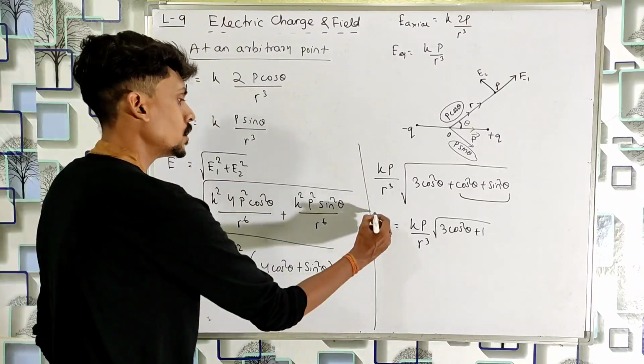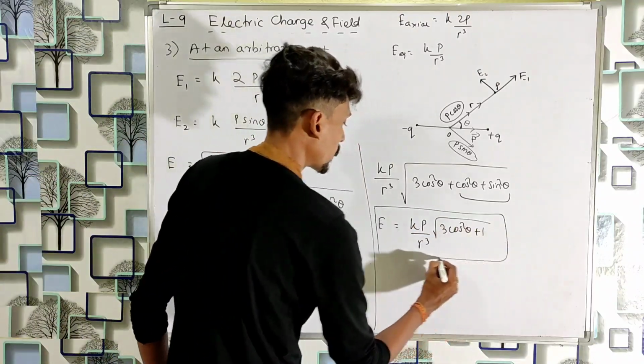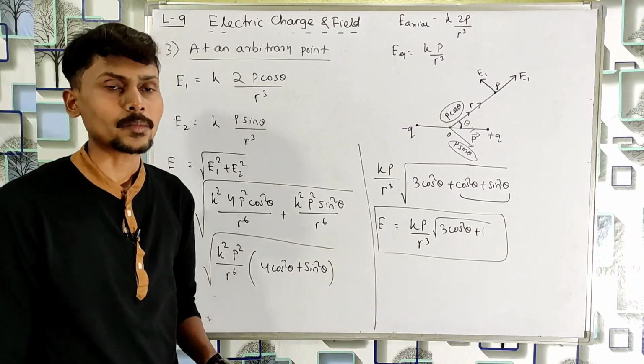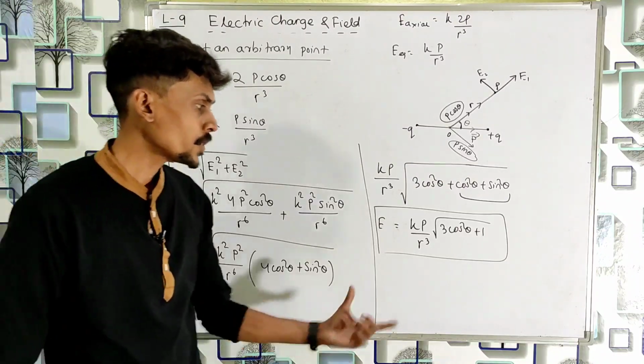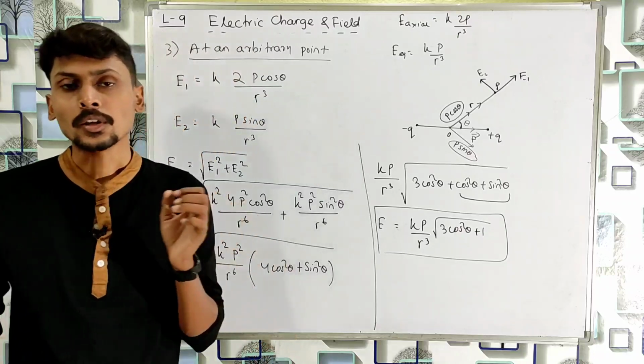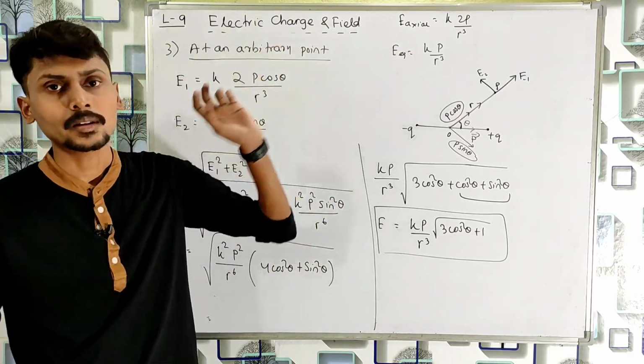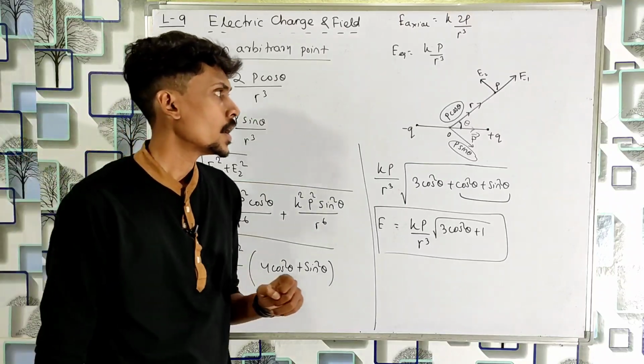So this is the expression for the electric field at any arbitrary point due to a dipole. And from this formula you can also calculate the value of E axial and equatorial. How?